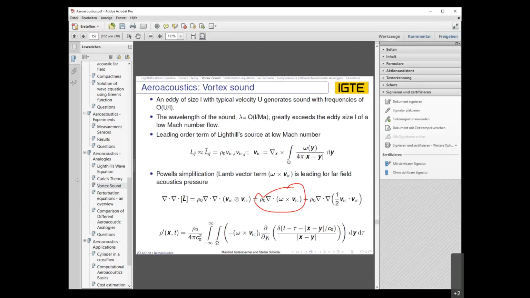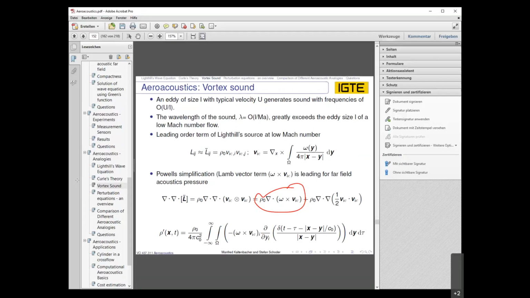That means the lambda vector is pointing in one direction, and as it changes over space, its divergence, so its flux through a control volume, is essential.